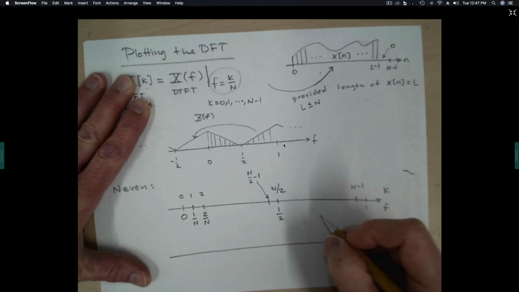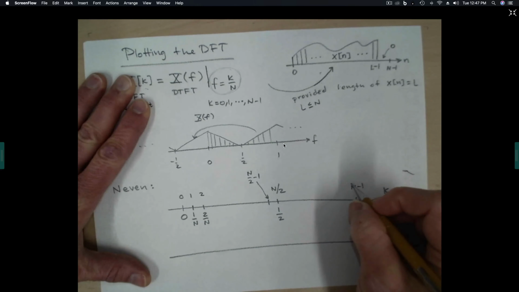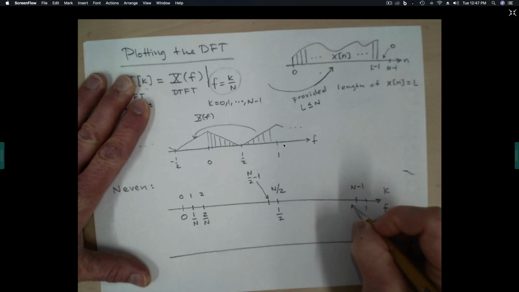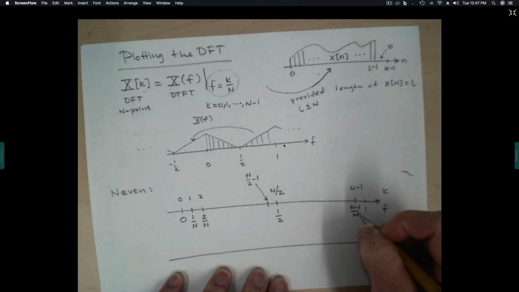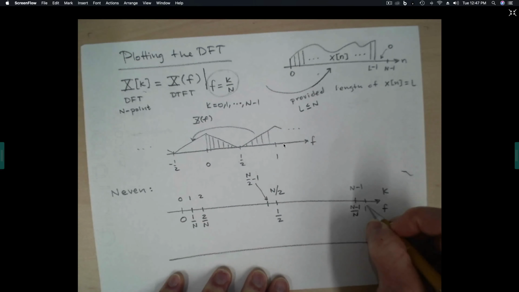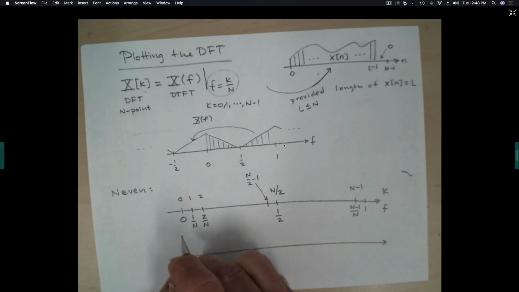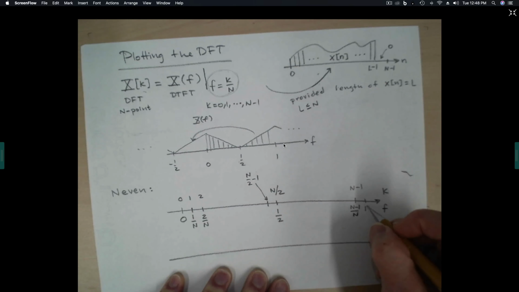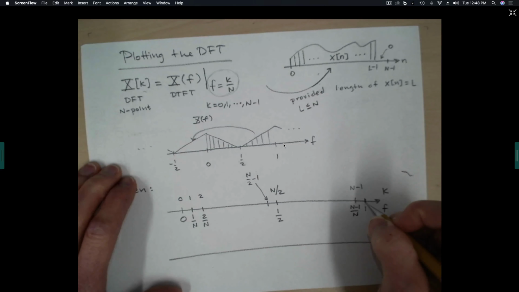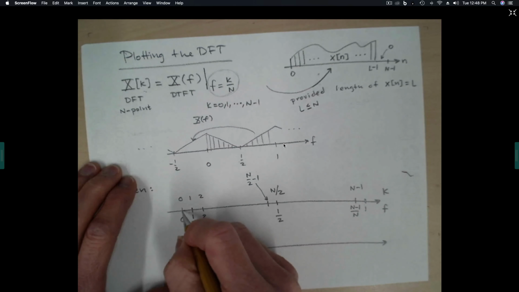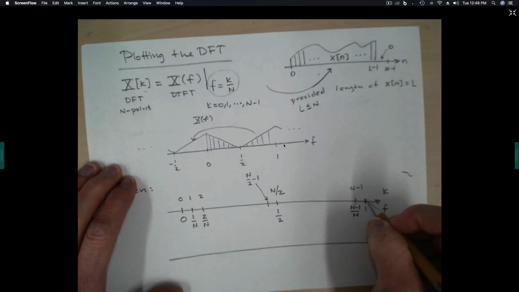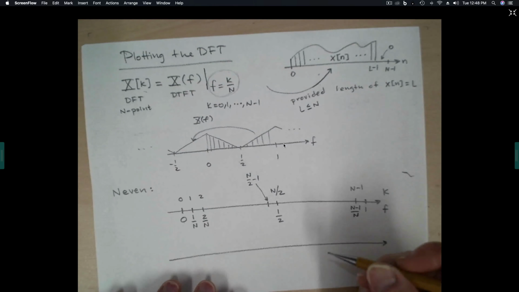And so on, all the way up to bin N minus 1, which corresponds to the frequency N minus 1 over N. We don't actually get a frequency sample at frequency 1, but we know that frequency 1 is equal to frequency 0 in an aliased sense. So if we wanted to produce a sample of the DTFT at frequency 1, we could just take the DC sample and duplicate it and place it over here.